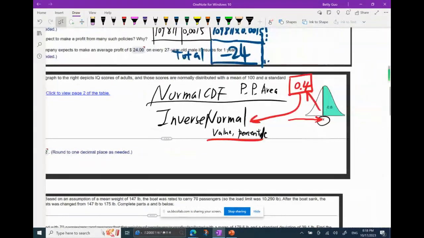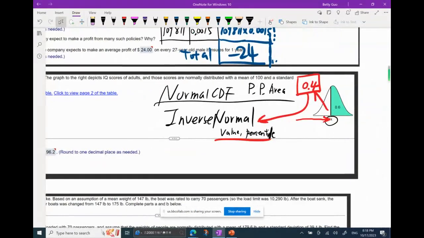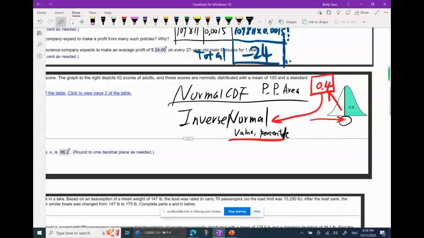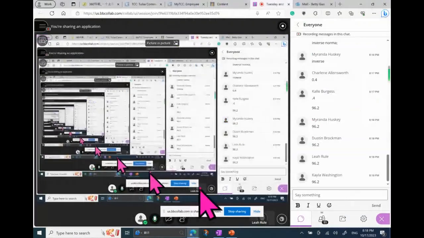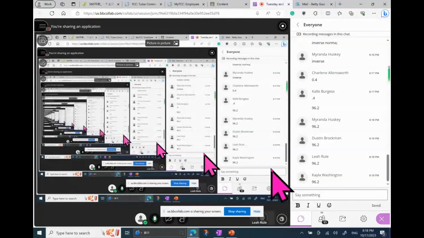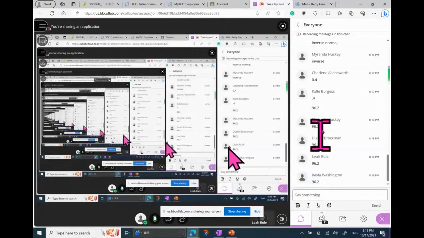Tell me, please, what's the value you are looking at on your calculator? Round to 1 decimal place. I have 96.199799348. We rounded to 1 decimal place: 96.2.